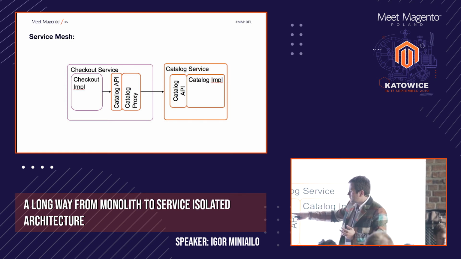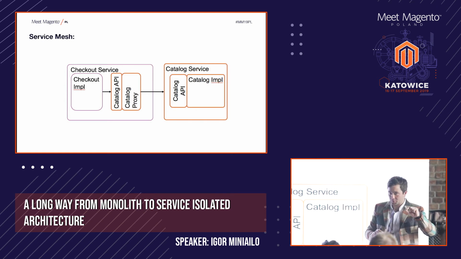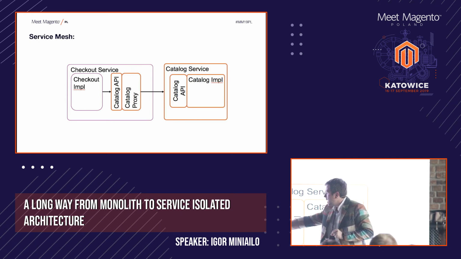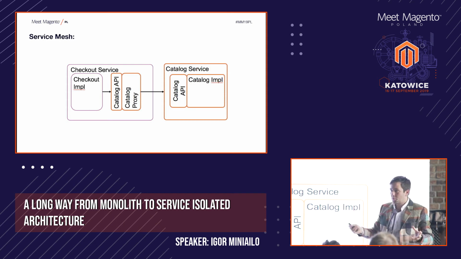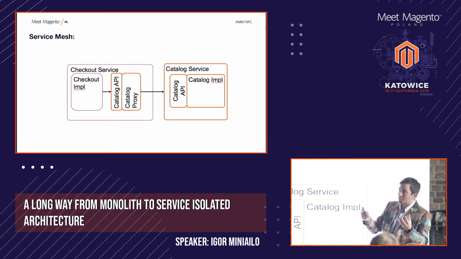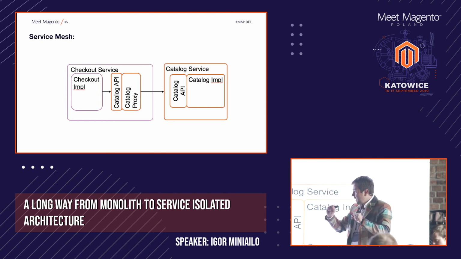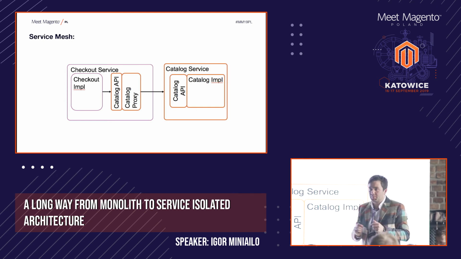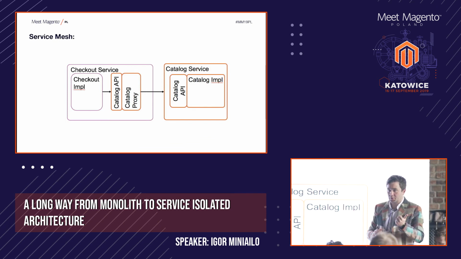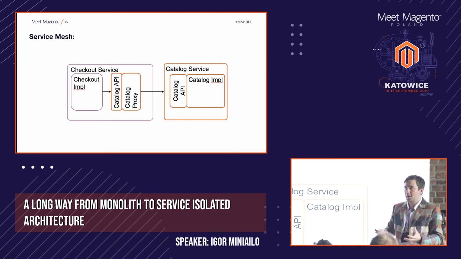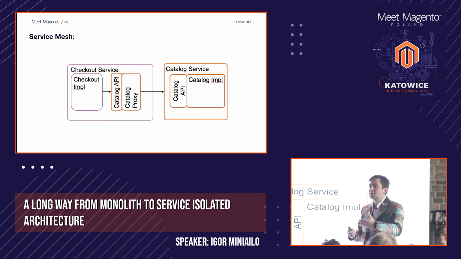All the infrastructural logic, like how to route a particular service, whether a service call from checkout to catalog should be done in the scope of one process or routed to an independent service, how to discover that particular service, how to check whether this service is still responsive or not, because the network is a scary place to be, and at some point the service which was replying successfully just started to fail.